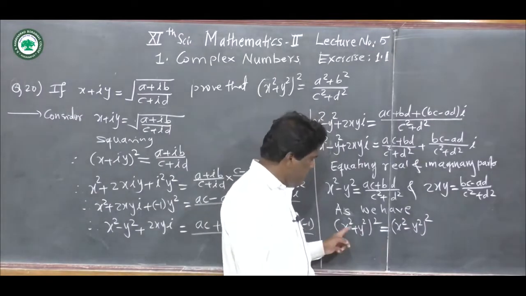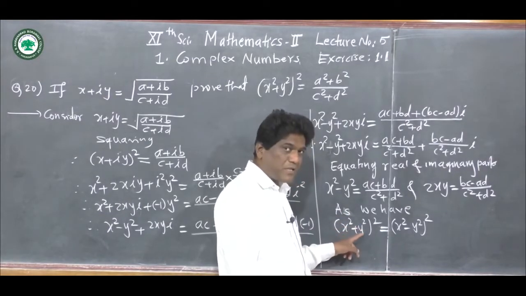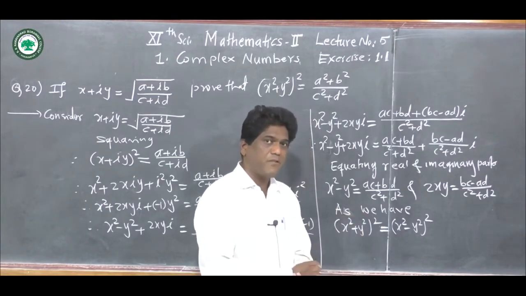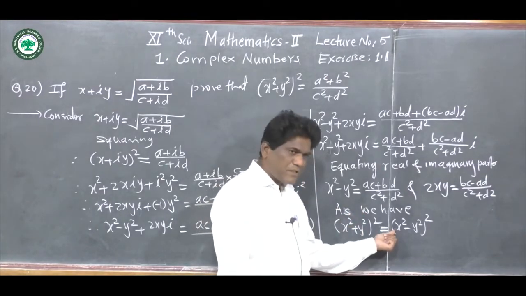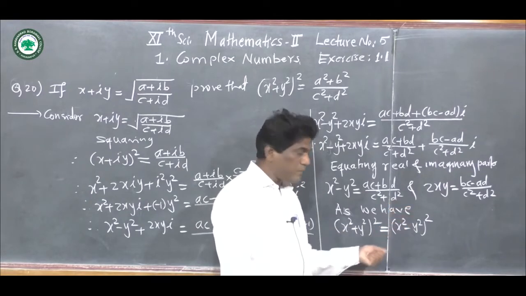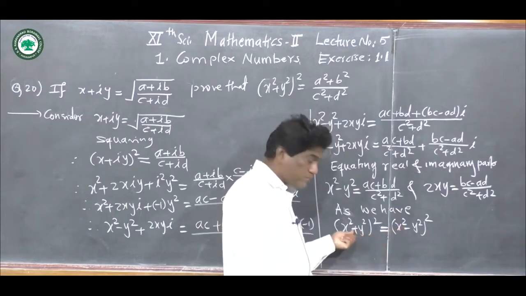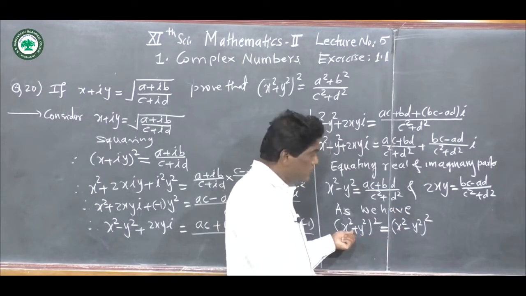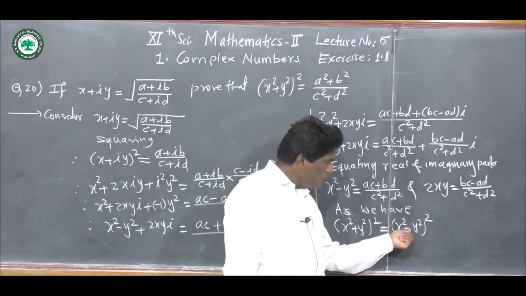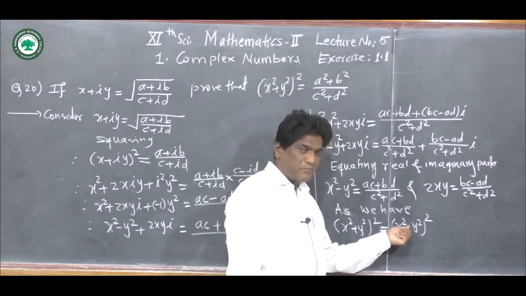Now see on the left hand side, (x square) to the square plus 2 times x square into y square and plus (y square) to the square using the formula (a plus b) bracket square. On the left hand side it is (x square) to the square and plus (y square) to the square present, but the middle term is here minus 2 times x square y square, and here the middle term is 2 times x square y square. So to match both the sides, we have to cancel this minus 2 times x square y square, which is the middle term.